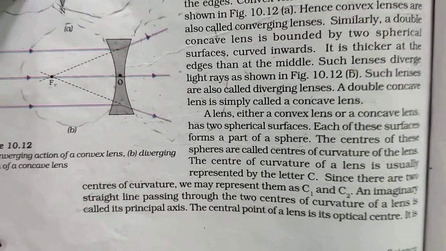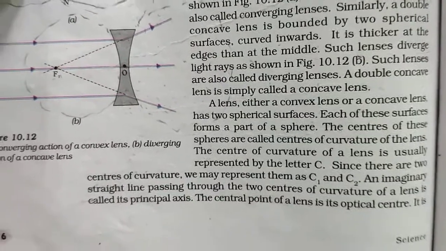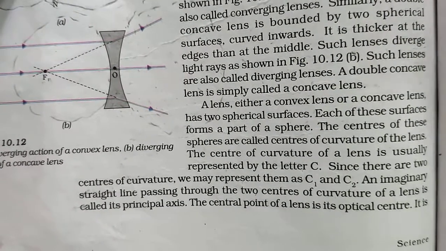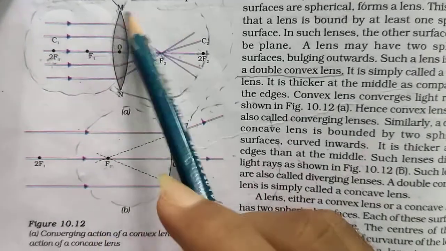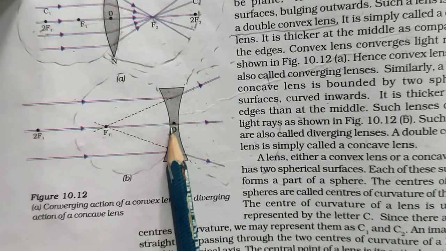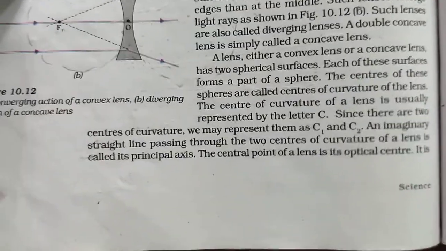This is the character, and the character also includes the thicker and thinner portions. In a convex lens, the middle portion is thicker but the edges are thinner. But in a concave lens, the edges are thicker but the middle portion is thinner. So this will also be included in the characteristics of the lenses.